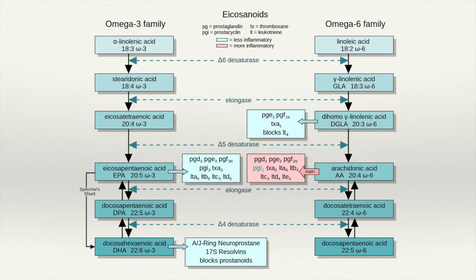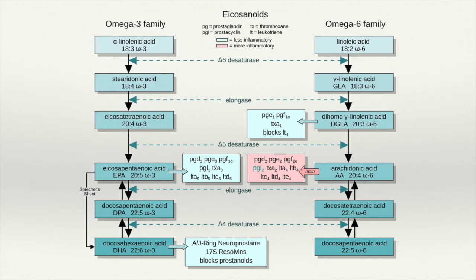When we go down the chart on the omega-3 fatty acid family, we come down to the important omega-3 fatty acids, which are the EPA and the DHA. The EPA makes anti-inflammatory prostaglandins, and the DHA is needed for structure formation in the cells of the brain.